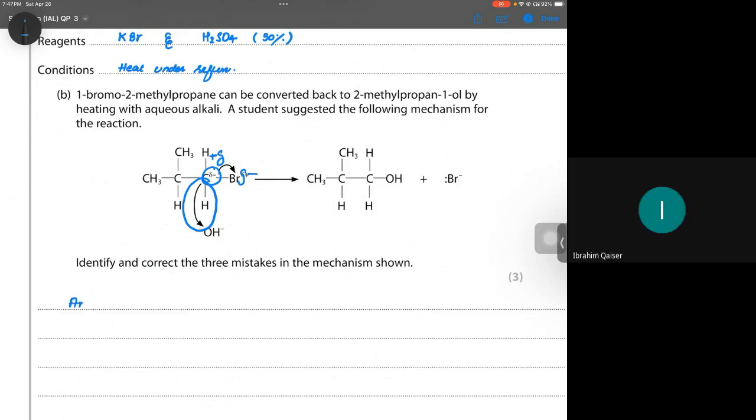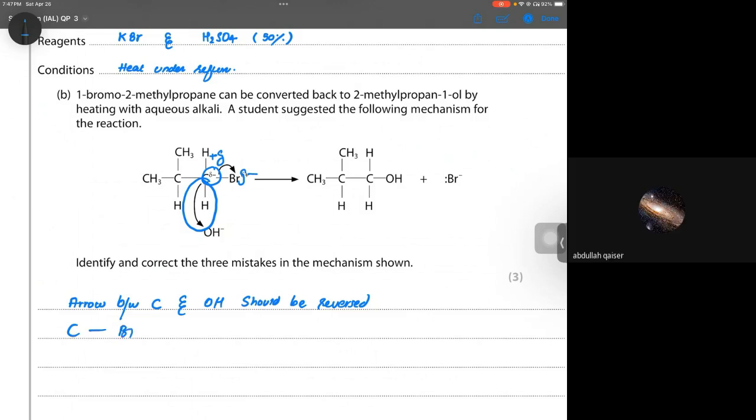Should we draw an arrow? So the OH is supposed to attack the carbocation, right? Between carbon and OH, the arrow should be reversed.